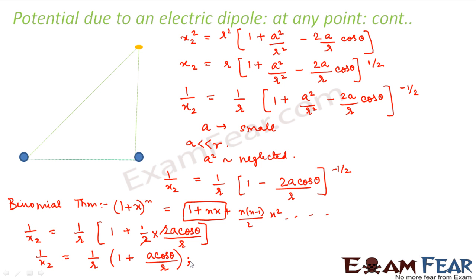Now, in a similar way, instead of taking into consideration triangle POB, if you take POA, you can get another expression for x1. You can get 1 by x1 is equal to 1 by r into 1 minus a cos theta by r.